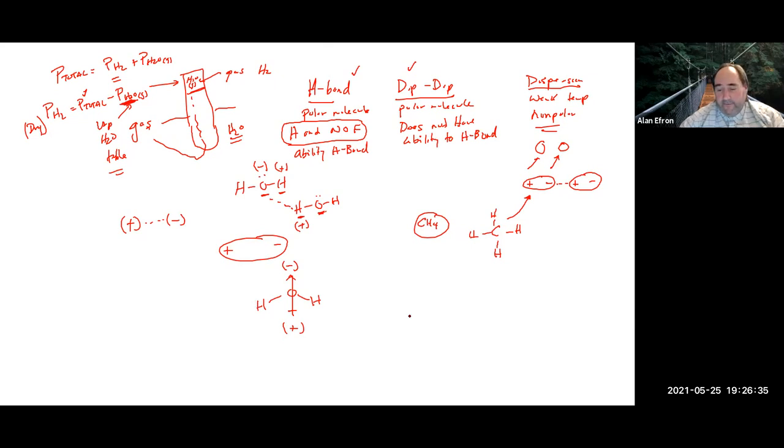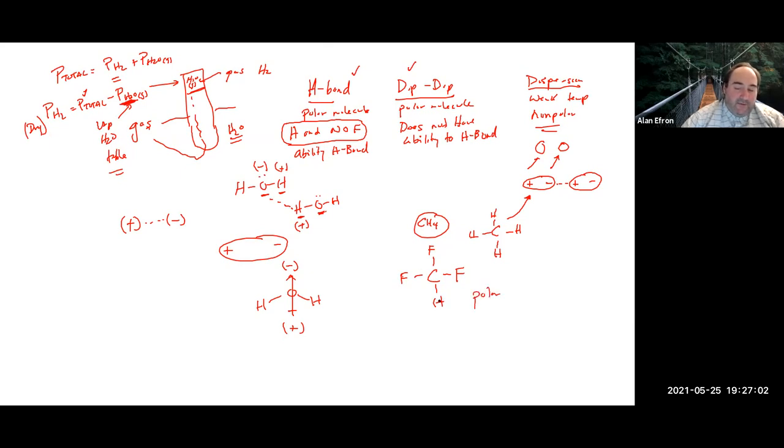So for example, if we took something like this here, this is going to be polar, right? It's symmetrical geometry, but we don't have all the same things here. So this one's going to be polar.